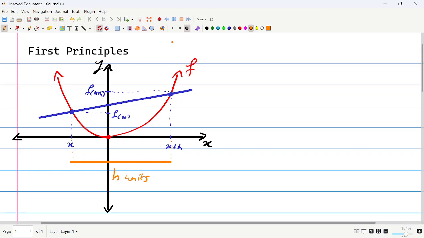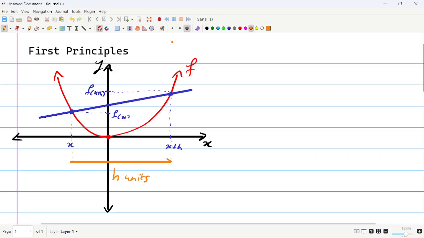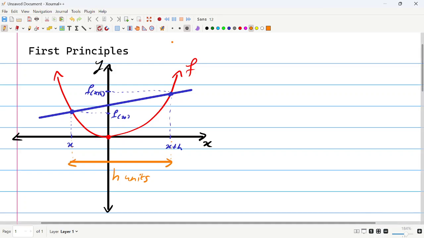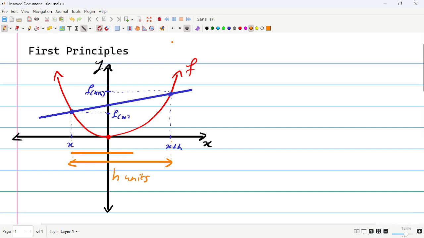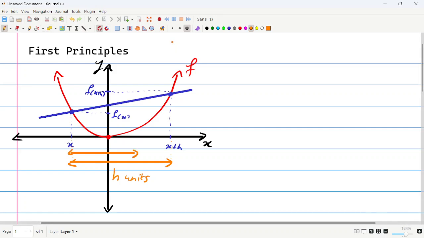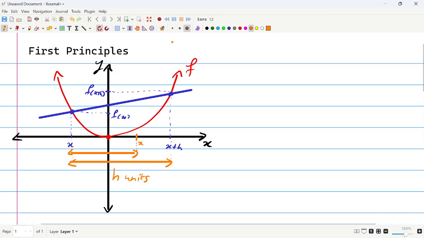But what happens if we actually shorten this distance each and every single time? If I take the h and make it a little bit shorter, like so, somewhere here, so let me put the h until here, such that this is our new x plus h.